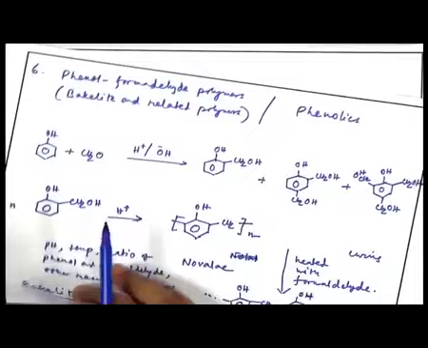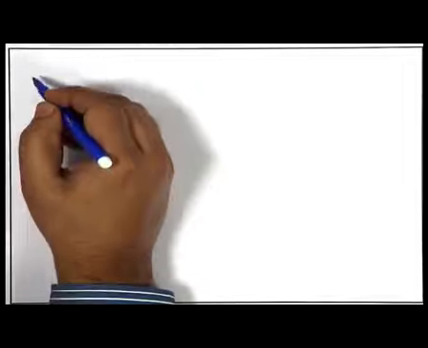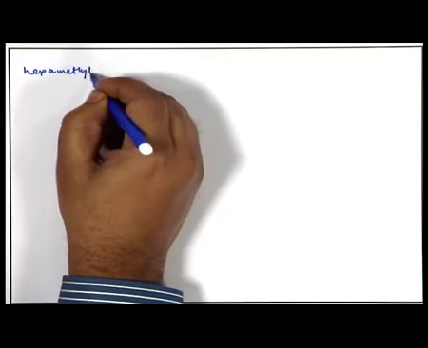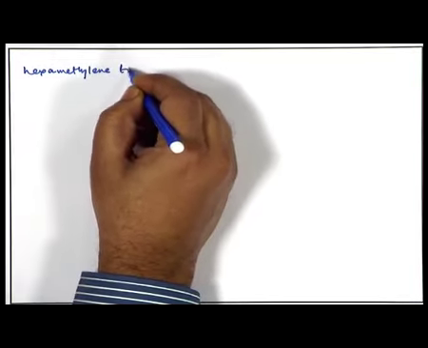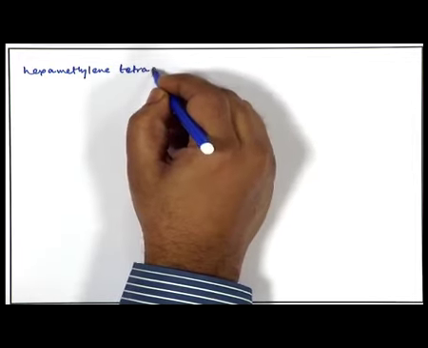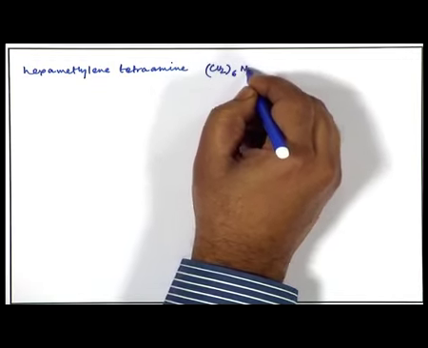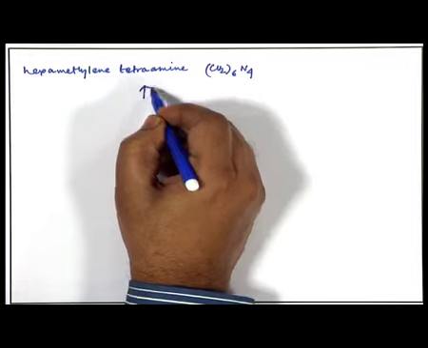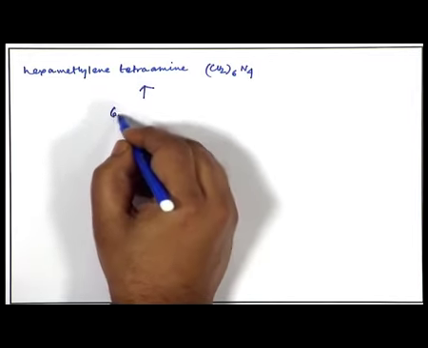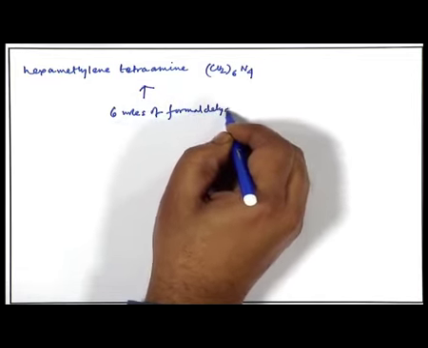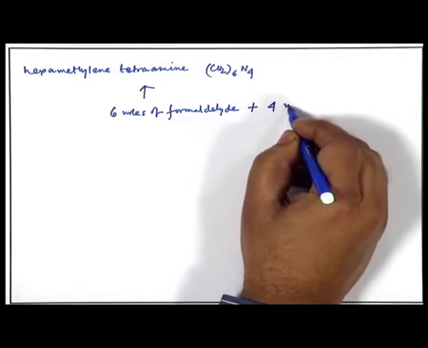Now, sometimes instead of formaldehyde, which we used here as a cross linking agent, we can use other cross linking agents like hexamethylene tetraamine, which is obtained from 6 moles of formaldehyde plus 4 moles of ammonia.